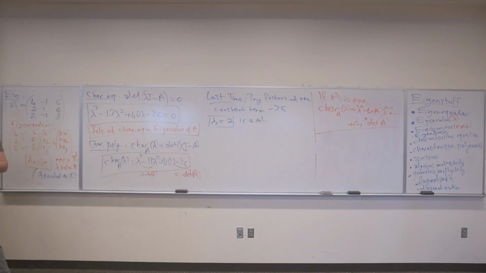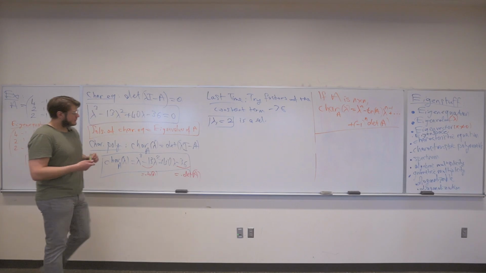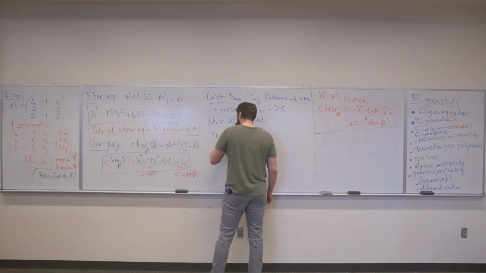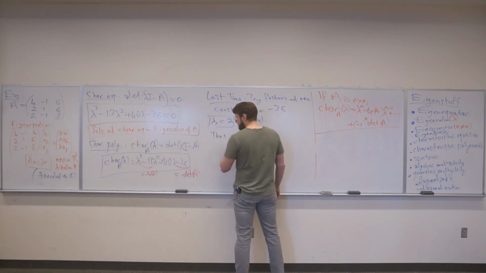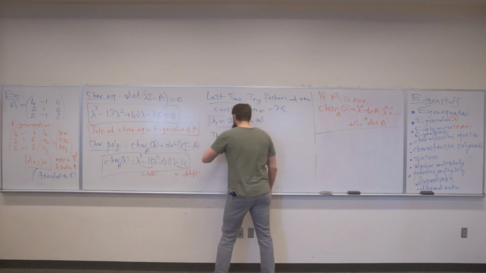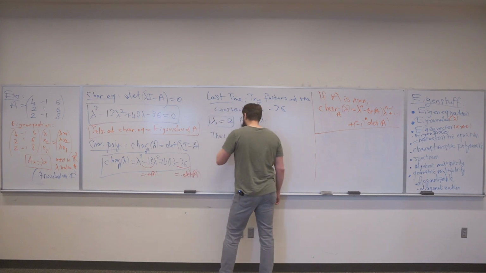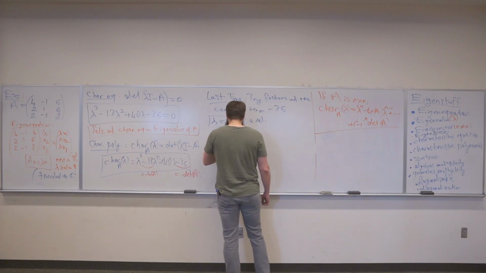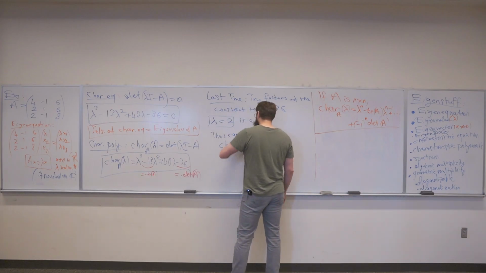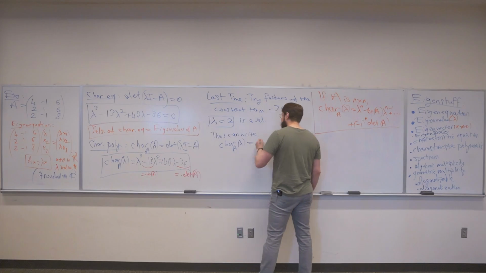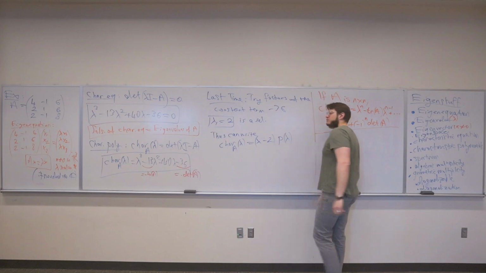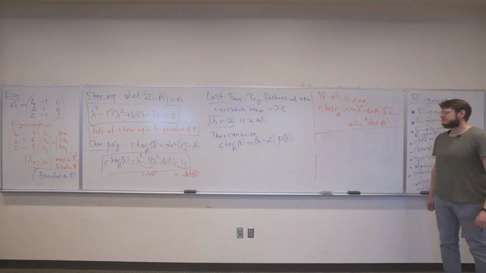This is the polynomial algebra business. Thus, we can write char sub A of lambda equals lambda minus 2 times some other polynomial, p of lambda.